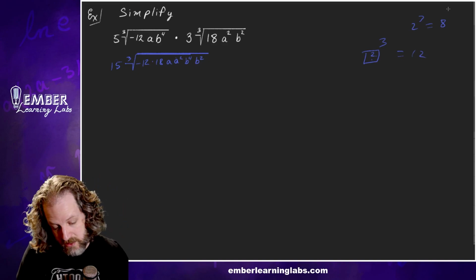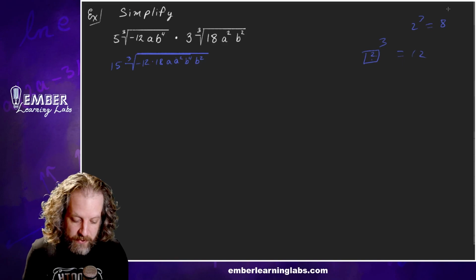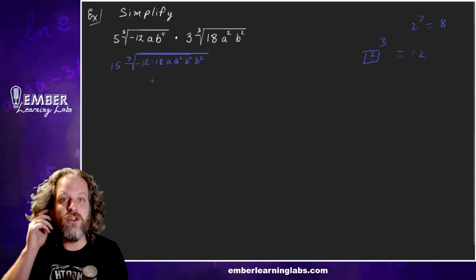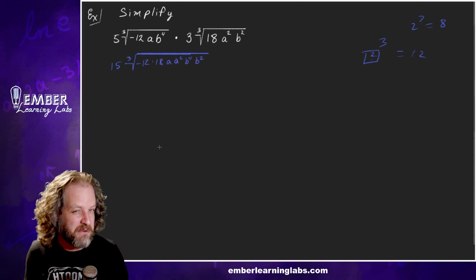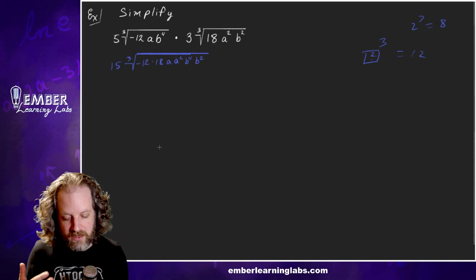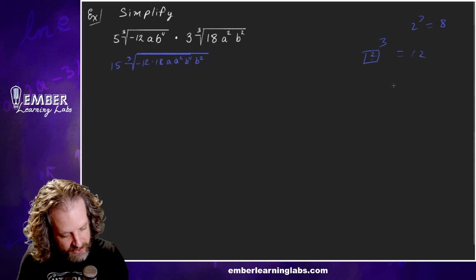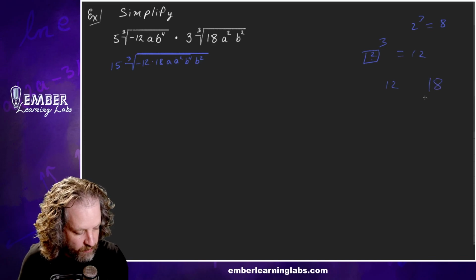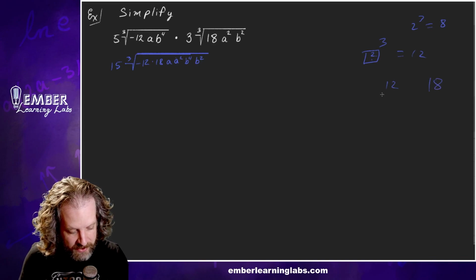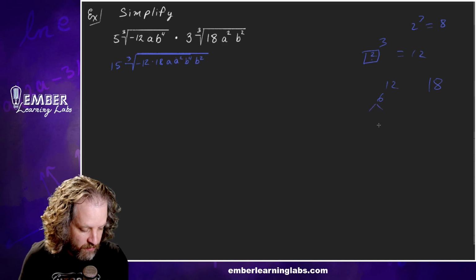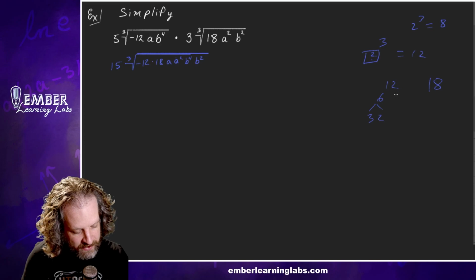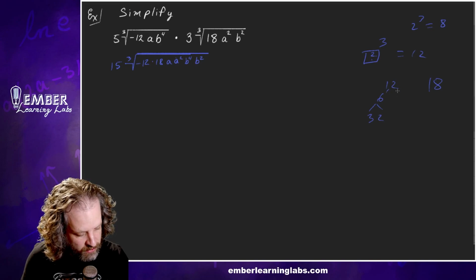So what do we do? Well, can we turn them into the same things, maybe? Could we get them into the same bases so we could combine stuff? What am I talking about? Can we get 12 and 18 down into the same bits? So what are the factors of 12? Well, it's 6 times 2, and the factors of 6 are 3 and 2.